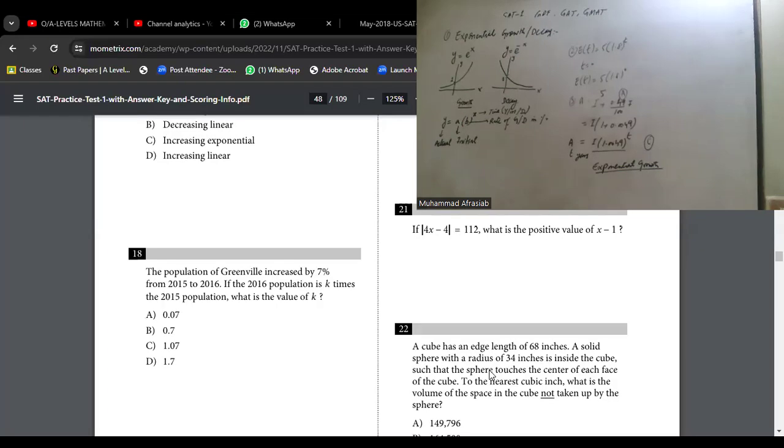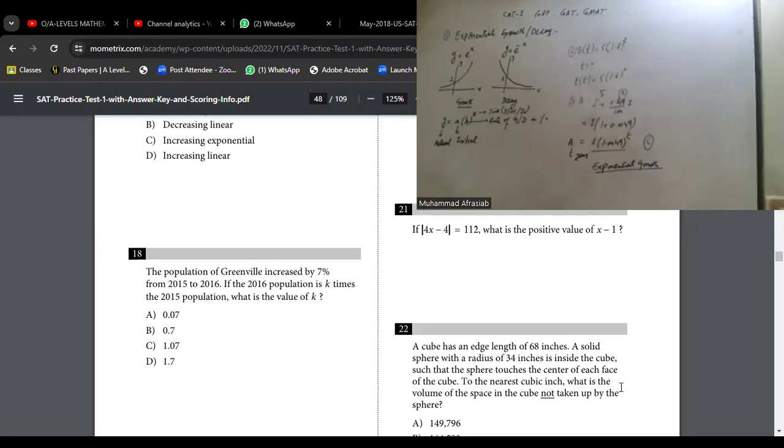Question number 3 now. The population of Green Valley increased by 7% from the year 2015 to 2016. If the 2016 population is k times the population of 2015, then what is the value of k?